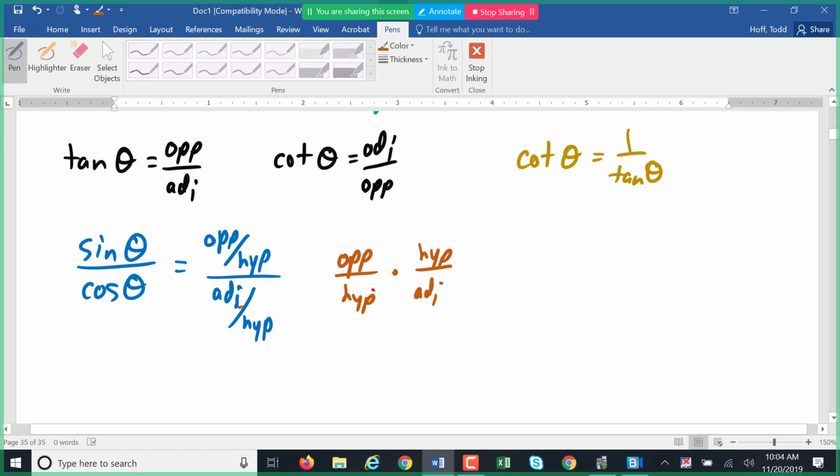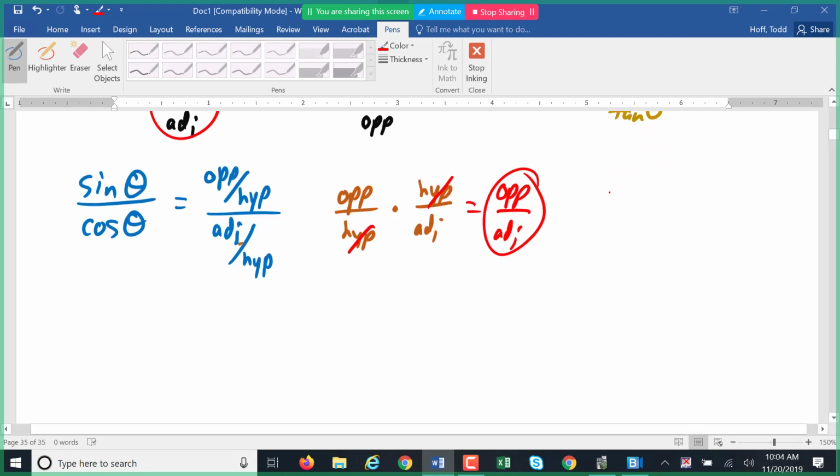Well, notice the hypotenuse cancels out. We get opposite over adjacent. Well, that was our definition of tangent. So this gives us one of our ratio identities, where the tangent of an angle can be found by taking the sine of that angle divided by the cosine of that angle.